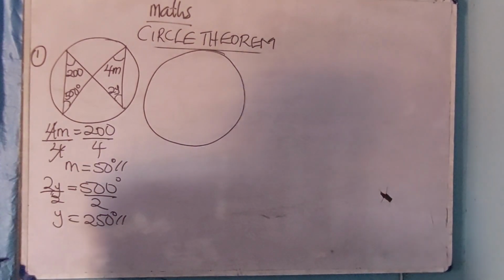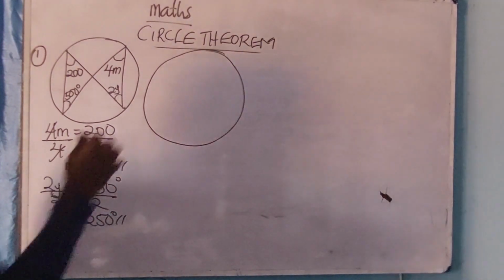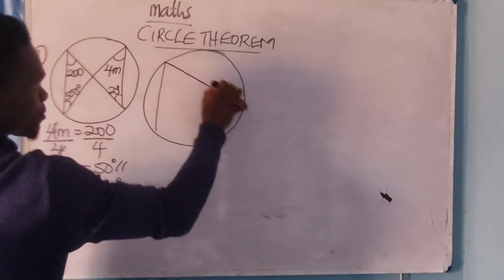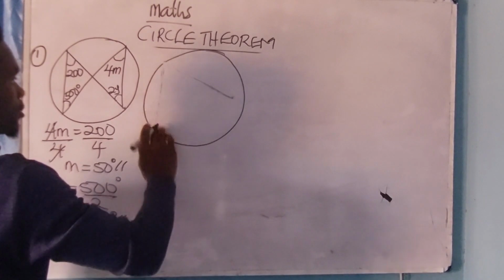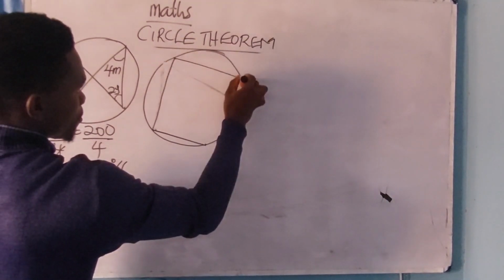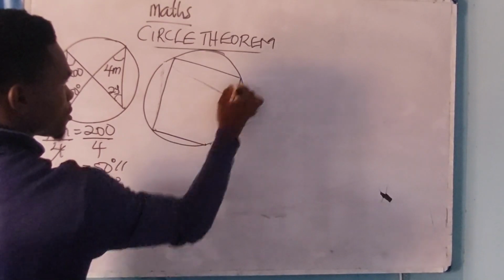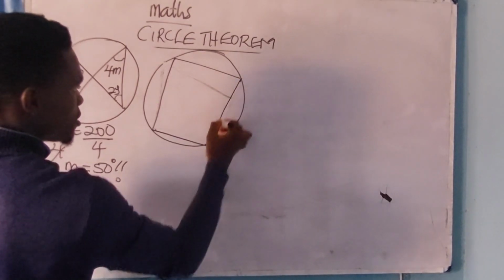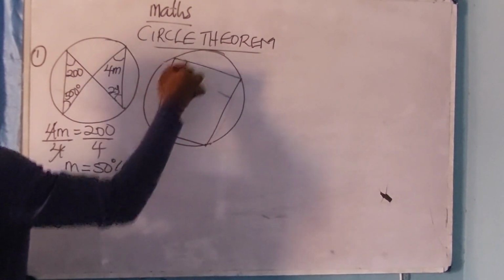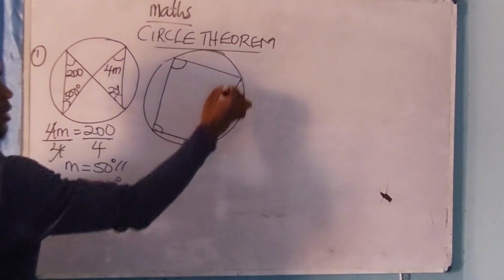Now the next rule is opposite angles of a cyclic quadrilateral are supplementary. If I have something like this, now this is a cyclic quadrilateral. I have an angle here, here, here, and here.